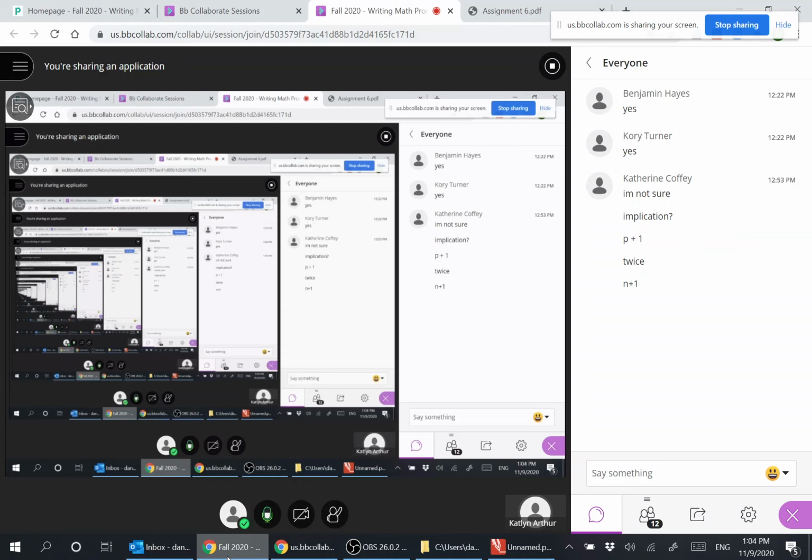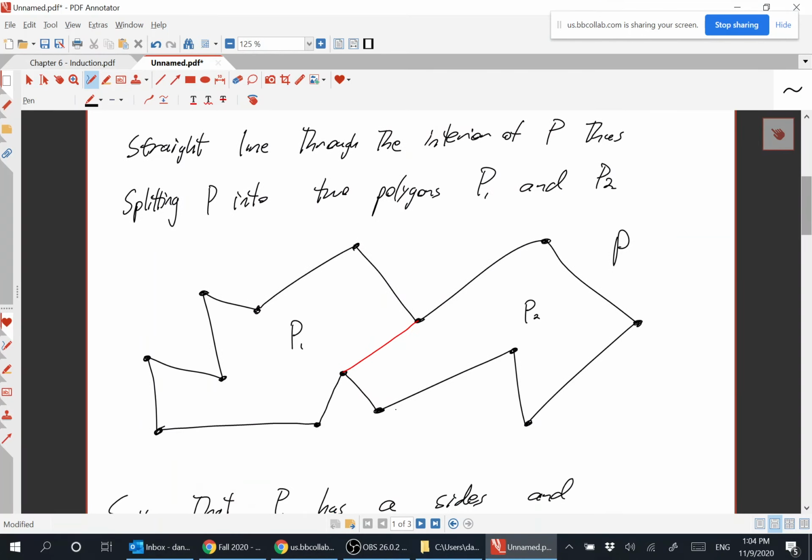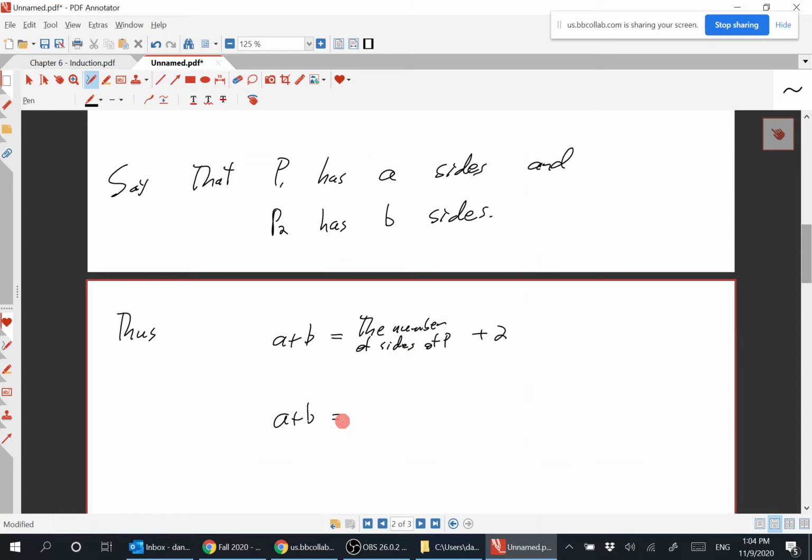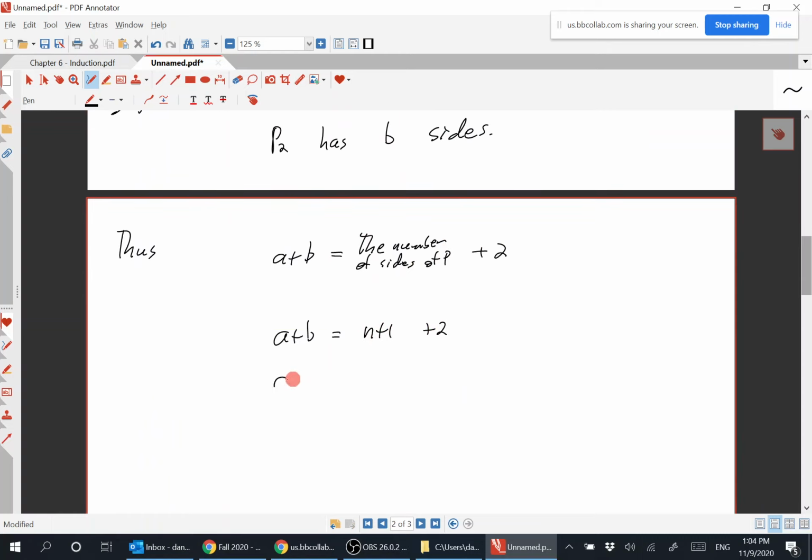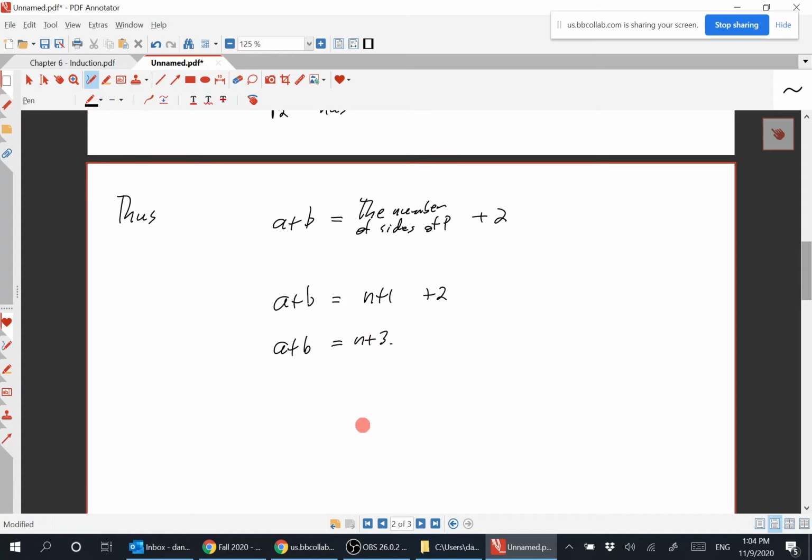N plus 1, right. Plus 2. So A plus B is equal to n plus 3. All right.